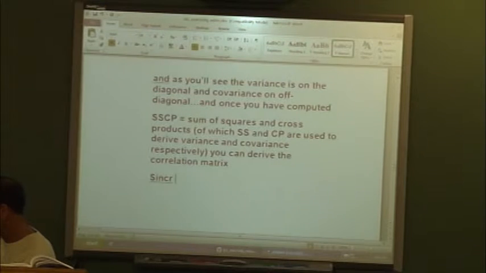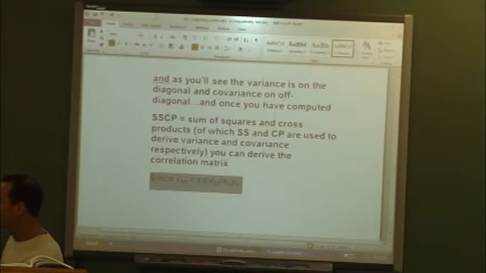Since r equals the covariance of x and y divided by the standard deviation of x times the standard deviation of y. Right?